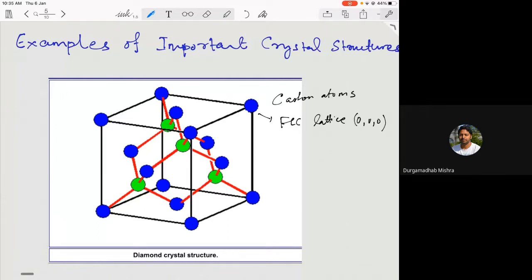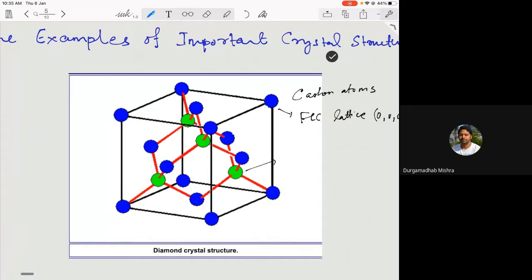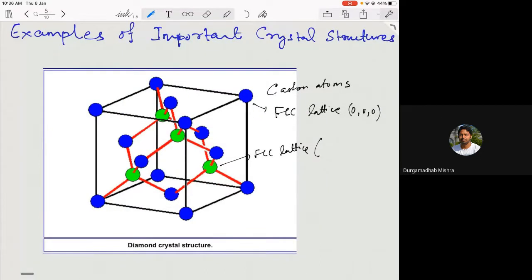And then the green ones also form an FCC lattice, another FCC lattice, whose origin is shifted to 1/4, 1/4, 1/4 along the body diagonal axis. The body diagonal axis is this one. So the other lattice, the green one, is shifted by 1/4 along the body diagonal. It will again make an FCC lattice.